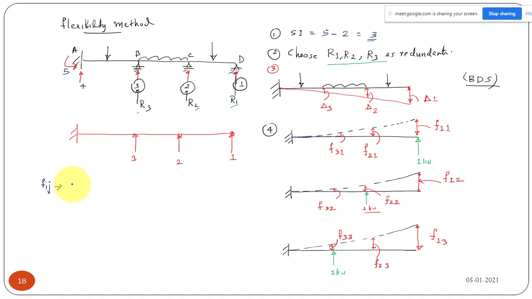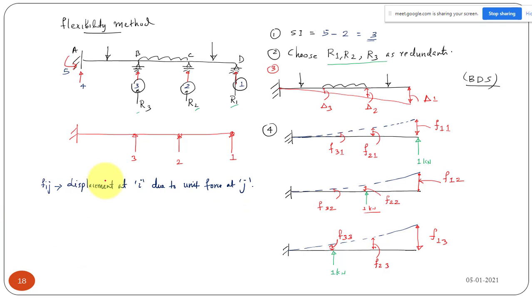Okay, it is nothing but your displacement at i due to unit force at j. Okay, so displacement can be anything.